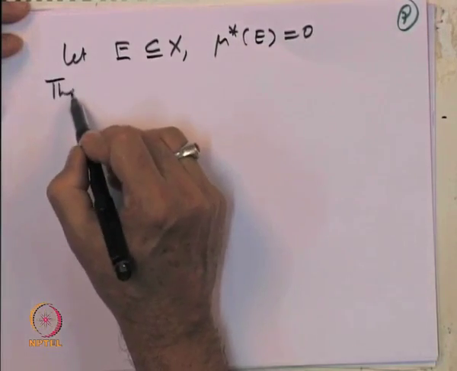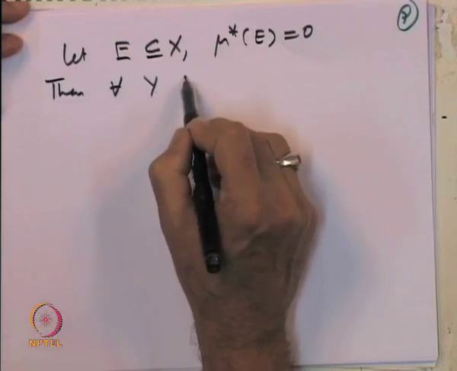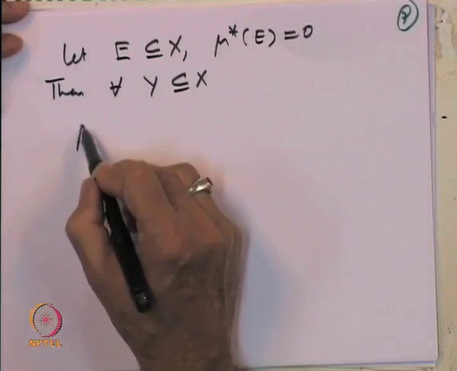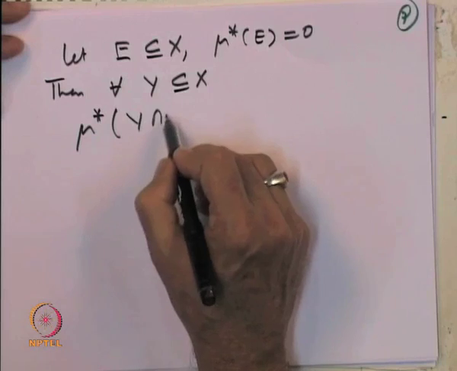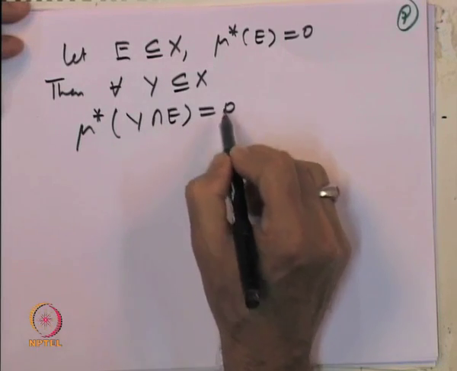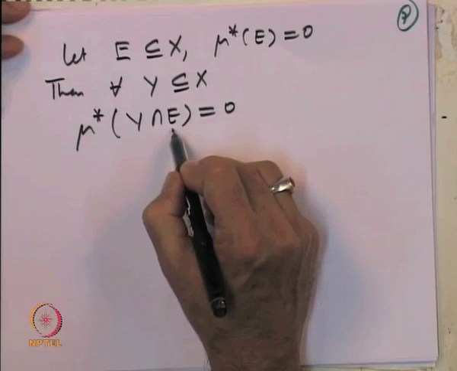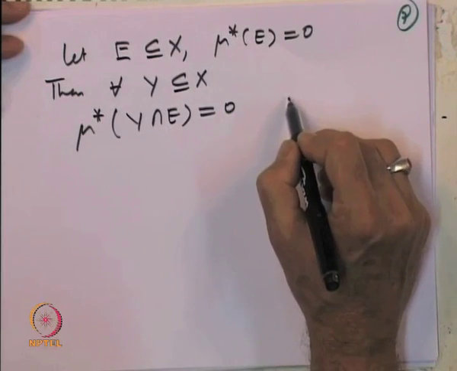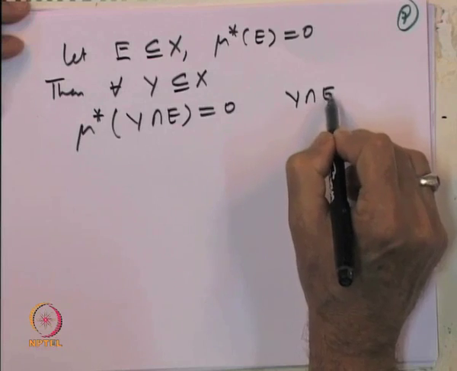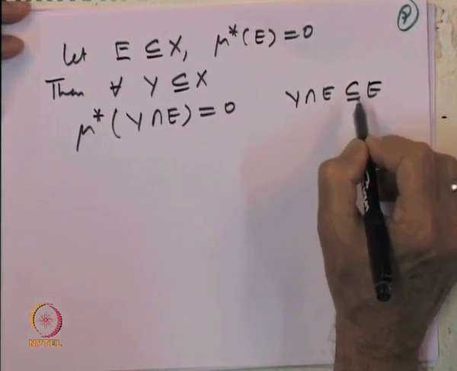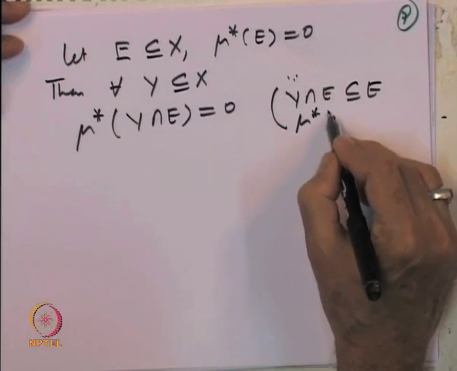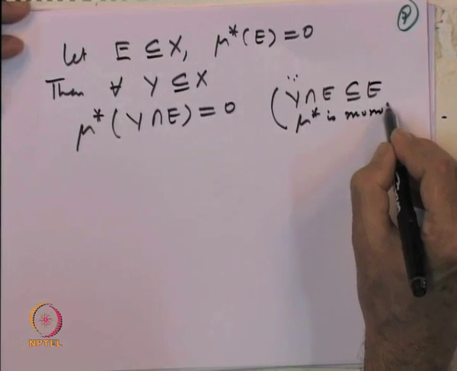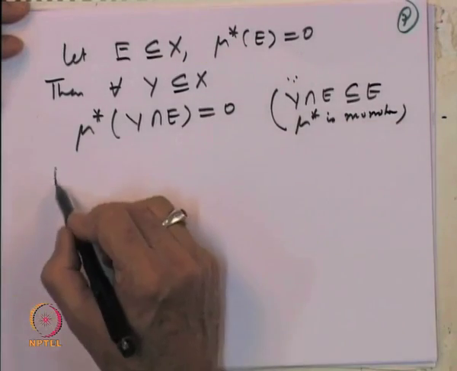Then, for every y contained in X, mu star of y intersection E is equal to 0, because y intersection E is contained in E, and mu star is monotone. So, this is 0.